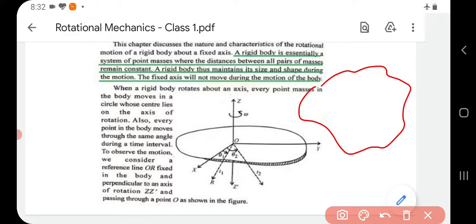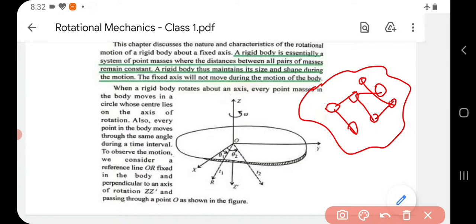It can be like this, and what they are saying is that it is composed of a lot of point masses. That is like this. It is composed of a lot of point masses, and the distance between any pair of point masses remains constant. That is the distance between these two, or these two, or these two, like that.